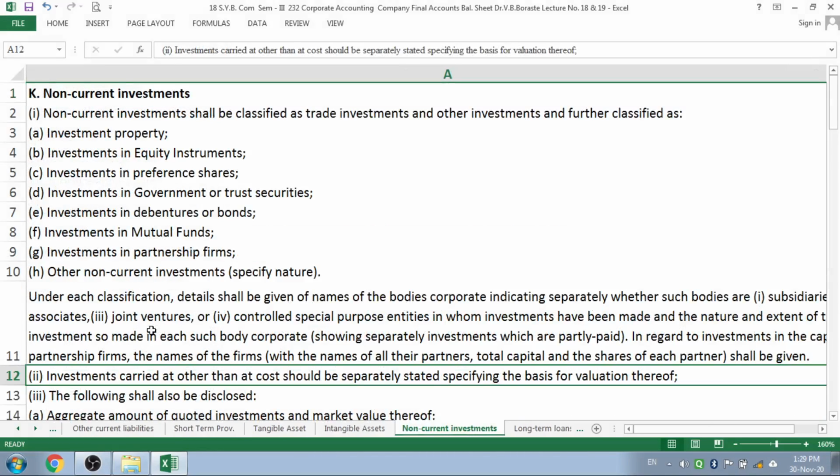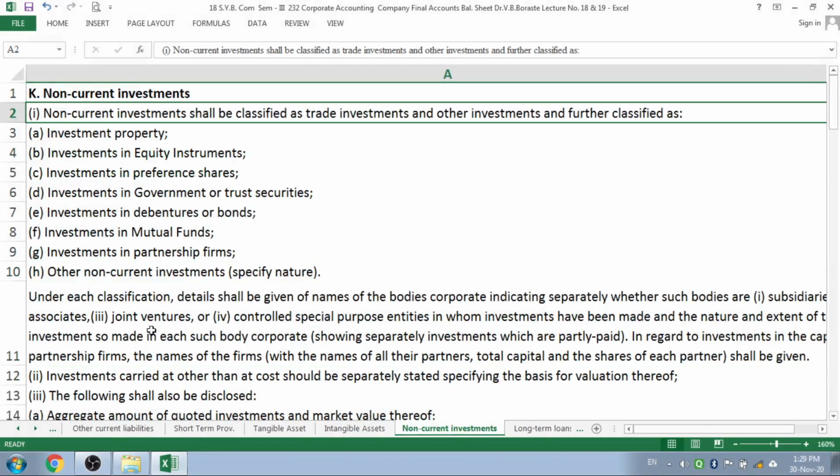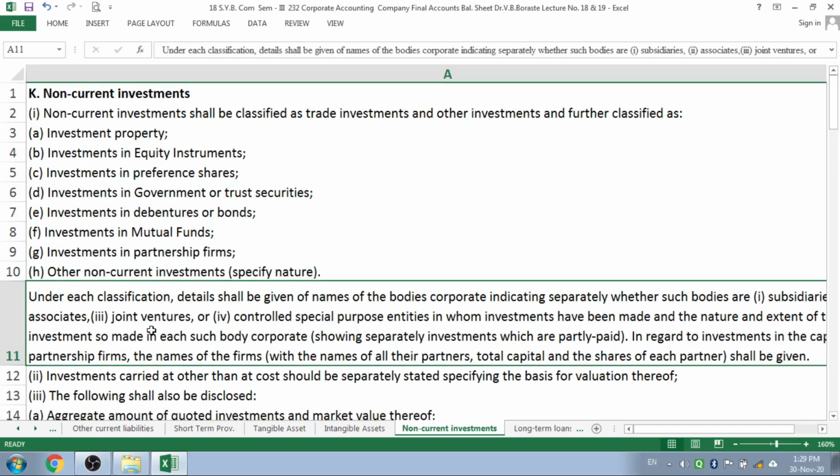After that, there are some non-current investments, where non-current investments shall be classified as trade investments and other investment, and further classified as investment property, investment in equity instruments, investment in preference shares, as well as investment in government or trust security, investment in debentures, bonds, mutual funds, partnership firms. Other non-current investments also are there, which have to be mentioned under each classification.